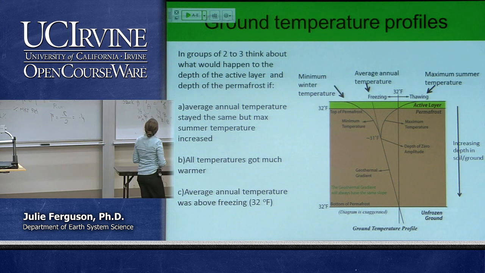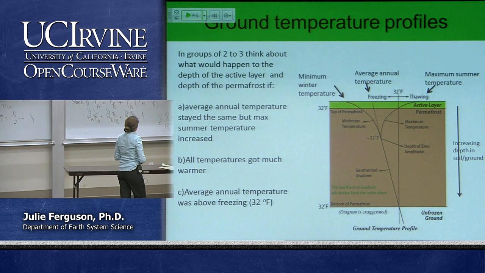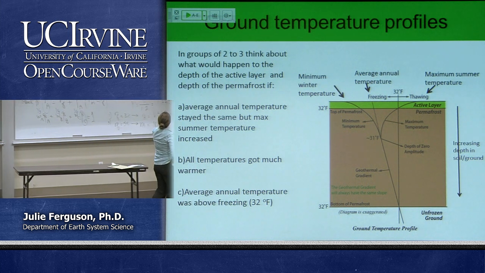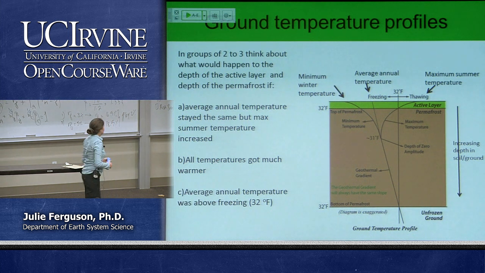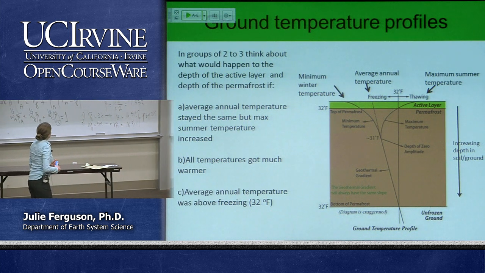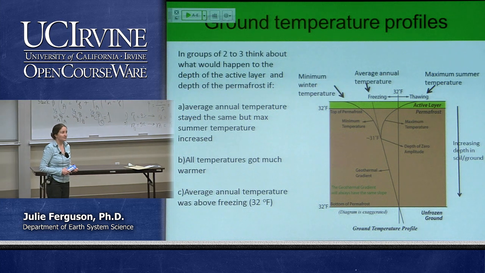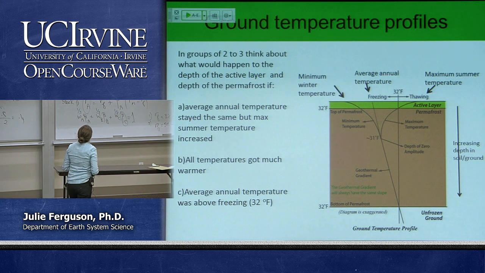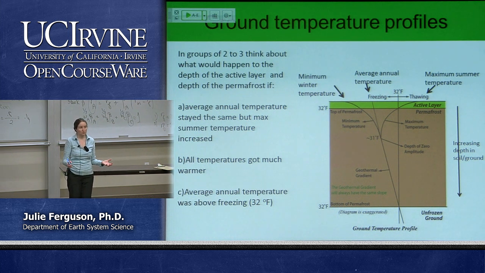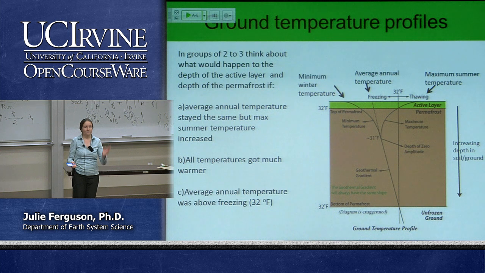What happens if my annual average temperature stays the same? So you can see that my straight line there. What happens if my annual average temperature stays the same, but my summer temperature increased? What would happen to the depth of the active layer and the permafrost layer? In part B, what happens if all of my temperatures get much warmer? Remember that the geothermal gradient has to stay the same angle.